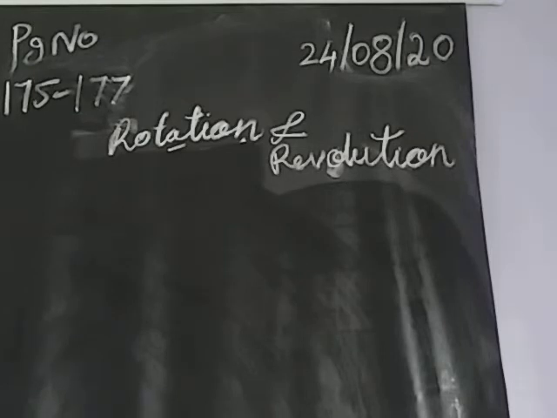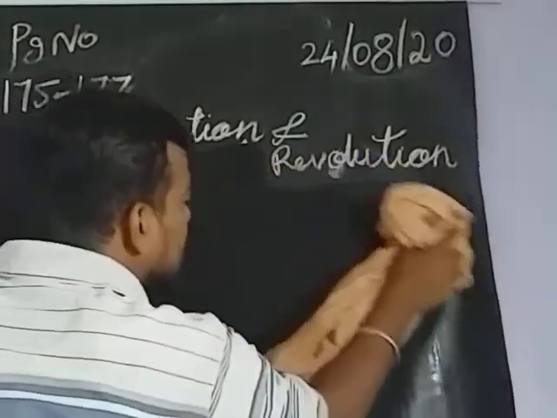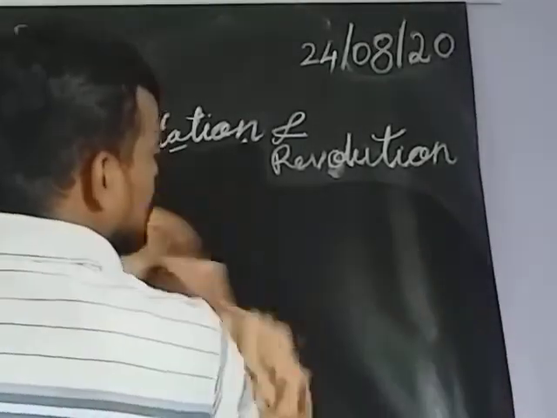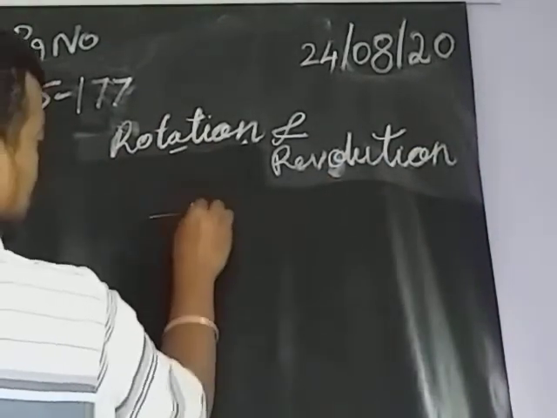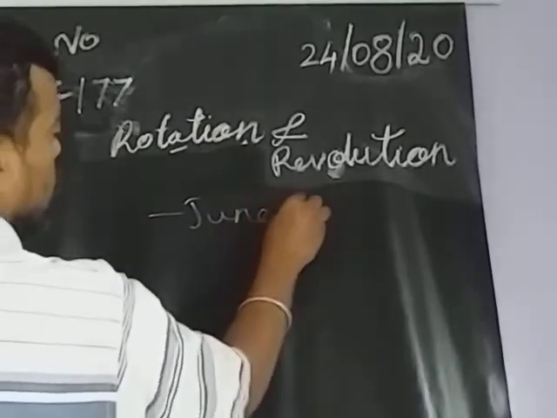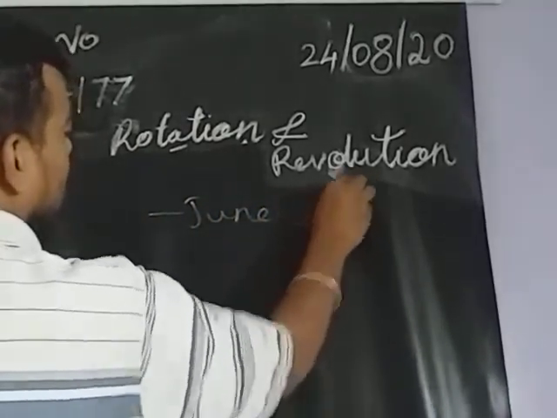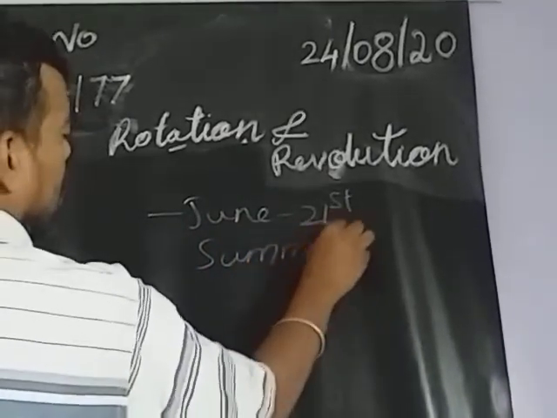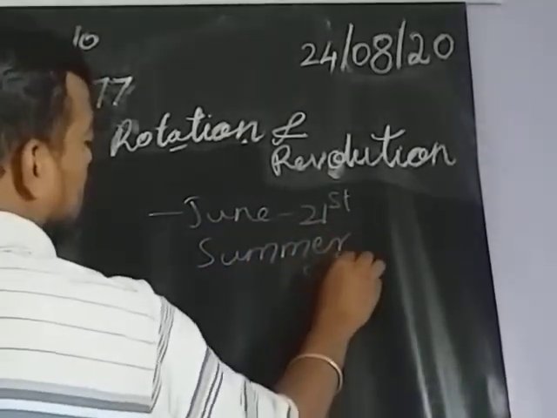On June 21st we get the summer solstice.